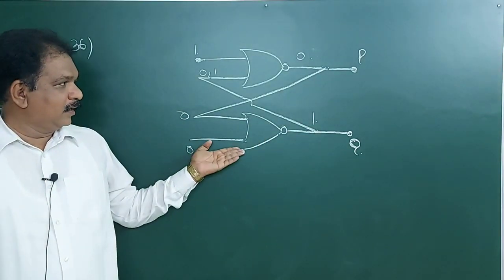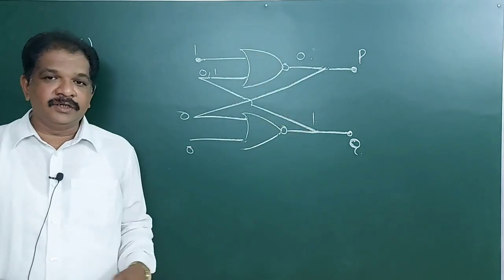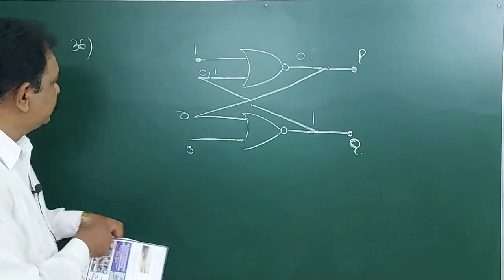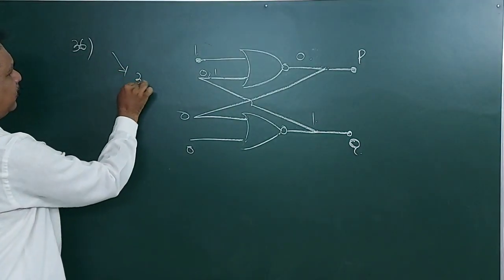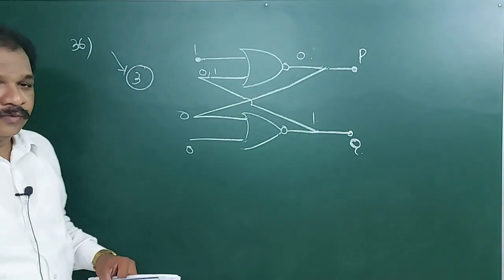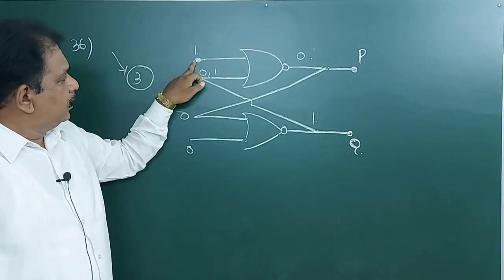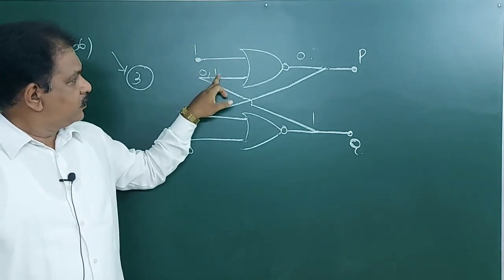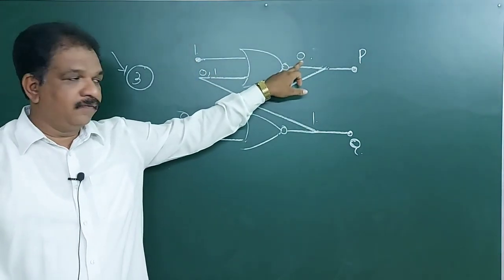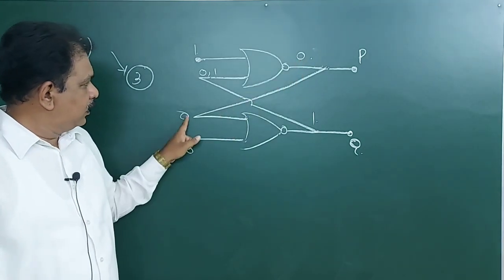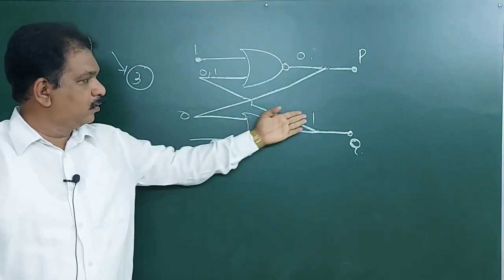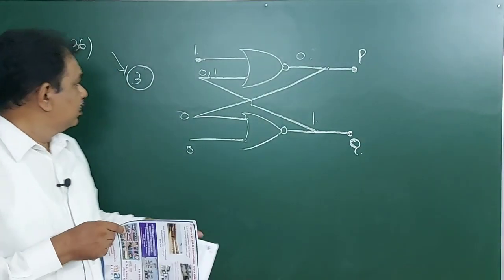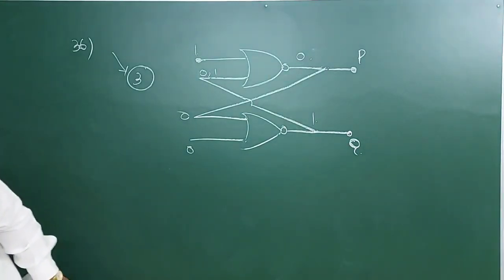So P value will be 0 and Q value will be 1. 36 will be the third option. Once again, see, here input will be 1. It may be 0 or 1. Whether it is 0 or 1, here output will always be 0. Here this input is 0, so output will be 1. So P is 0, Q is 1, the third option.